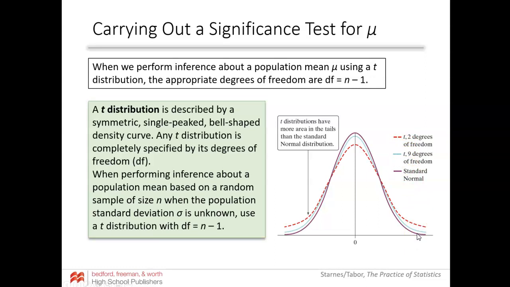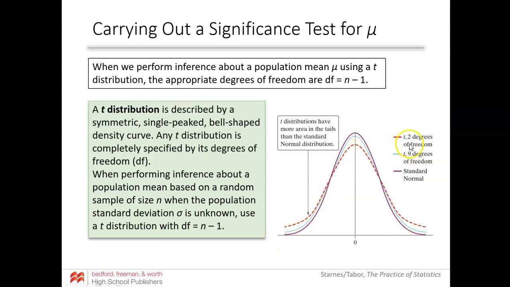And if we had a chance to work with the applet, you would see, oh my gosh, look what happens when I get to degrees of freedom around 30, which is our magic number for central limit theorem, right? So you would see that it really mimics the normal distribution at that point. And it's so close that it really doesn't matter. But for this chapter, we're going to stick with using a t distribution just so we keep everything the same.